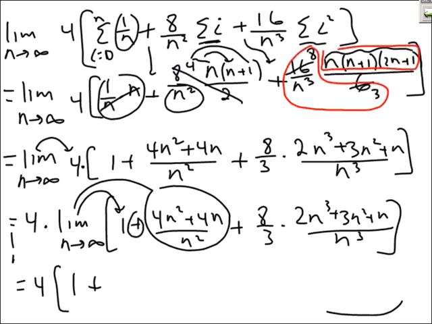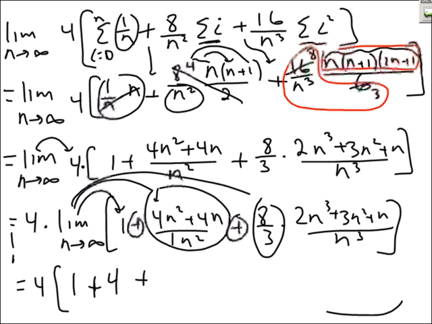Since the numerator and denominator are both n squared, the highest powers are n squared, we divide the numbers in front. 4 over 1, the 1 is understood, 4 over 1 is 4. Plus the limit of this times this. The limit of the first, which is 1/3, times the limit of this.